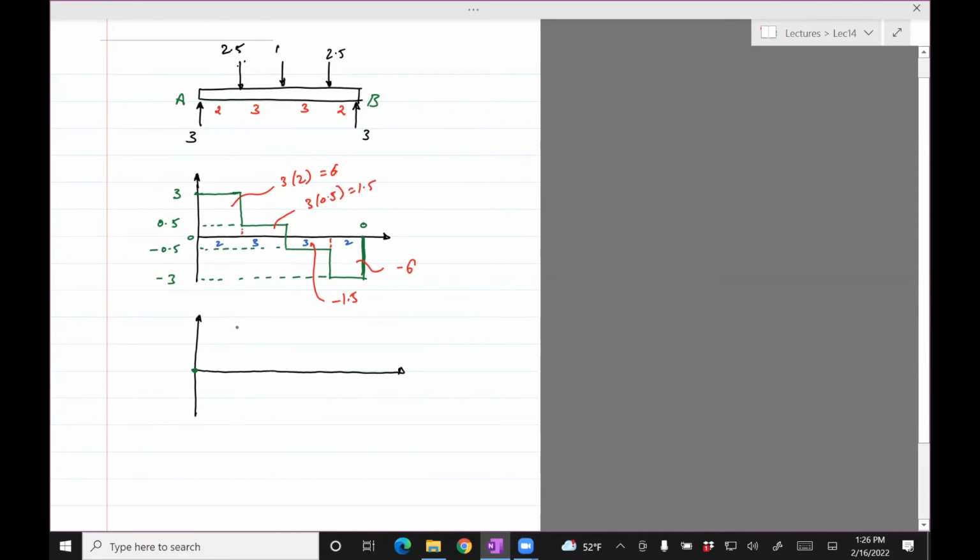So I need to go all the way to 6. Okay, so how do I join those 2 points? Well, if the shear force V is constant, the integral of a constant is a straight line, right? And a straight line should pass from 0 to 6.